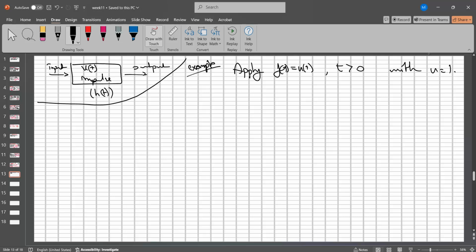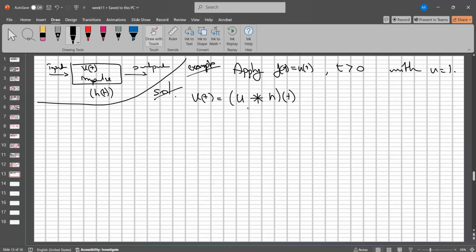How can we solve this equation? Convolution. And so the solution v(t) is equal to what? u convolution h(t).